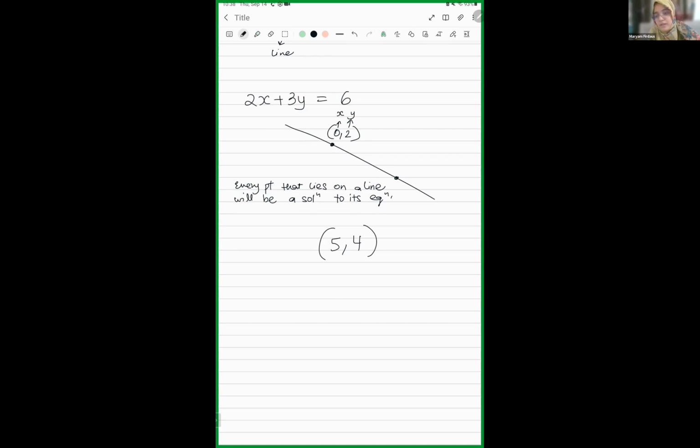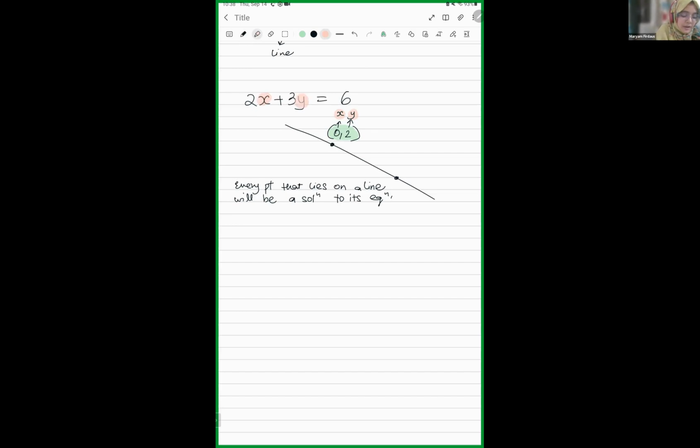Y coordinate is 4. So similarly, for this point on the line, the x coordinate is 0 and the y coordinate is 2. Let's try to put this 0 and 2 in our equation.